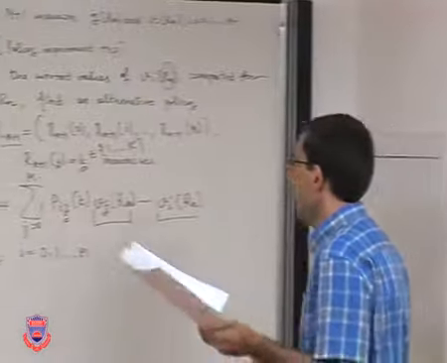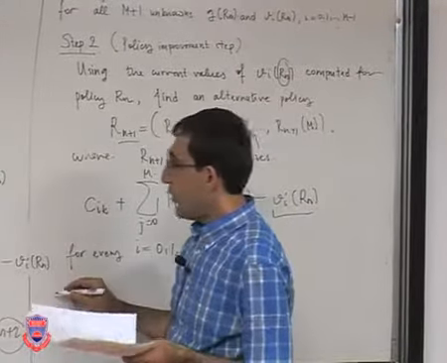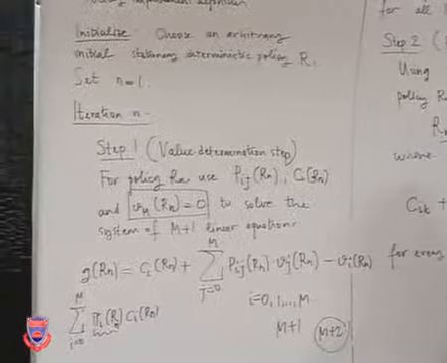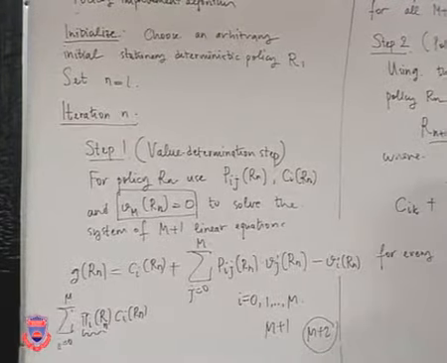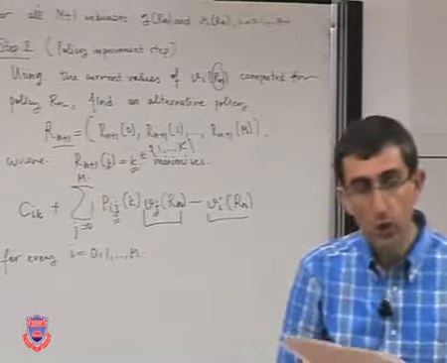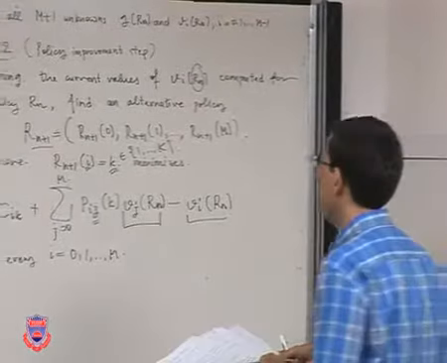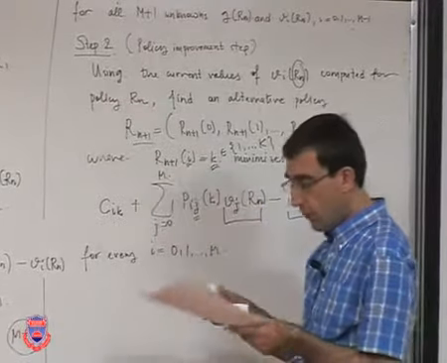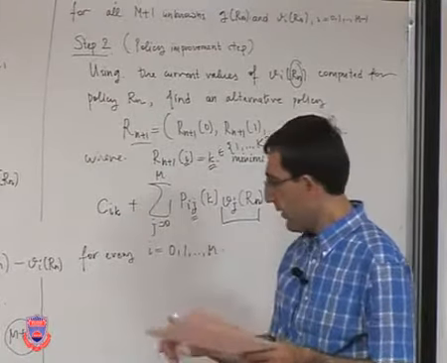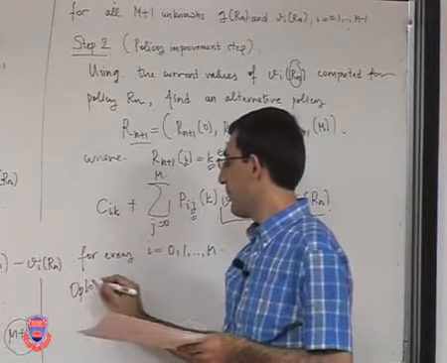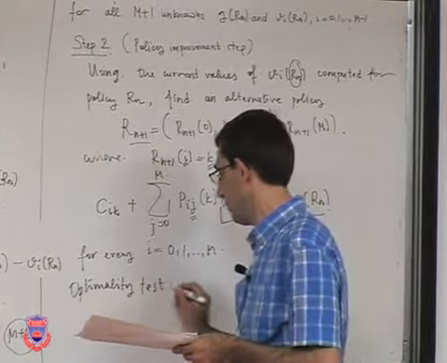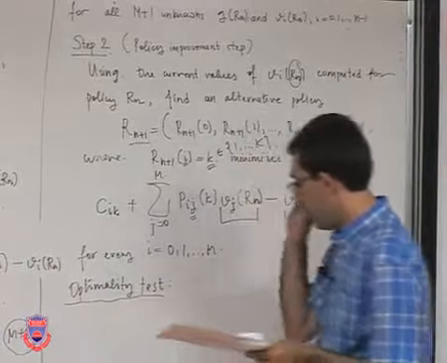And after step 2, you have to decide whether you have to iterate one more time or whether you have already found an optimal solution. You need a criterion that will help you recognize whether the policy that you have found at the end of step 2 is optimal or not. So that's an optimality test, which is quite straightforward.